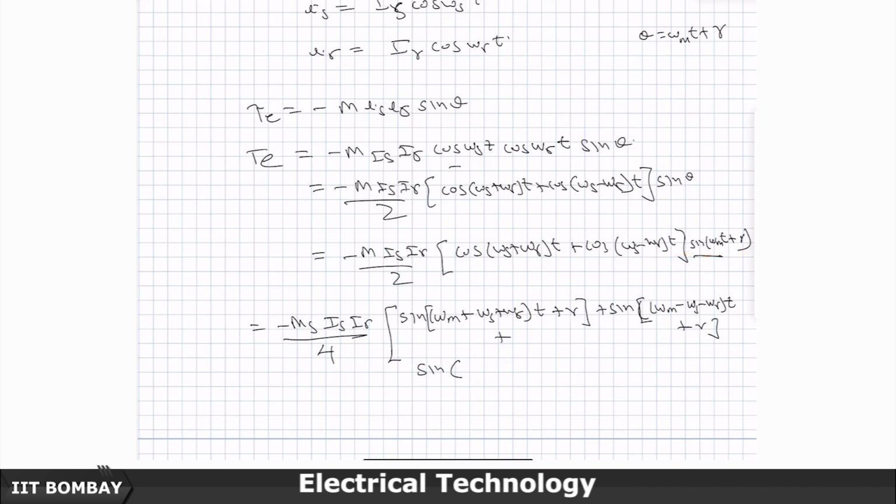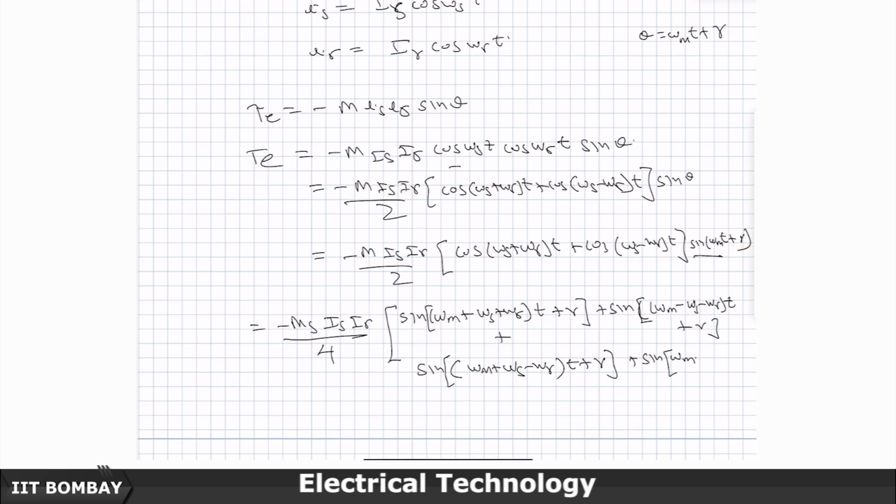So, I will get this as omega_m plus omega_s minus omega_r of t plus gamma, plus A minus B. So, sin of omega_m, and then this one is to be subtracted, and then finally gamma has to be added because A contains gamma also.